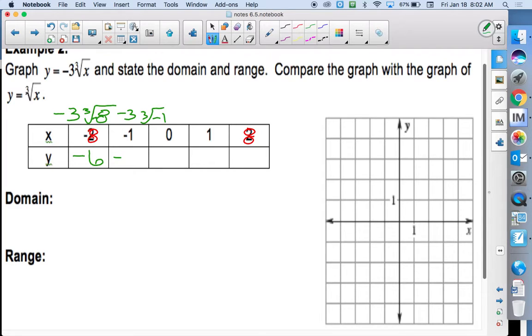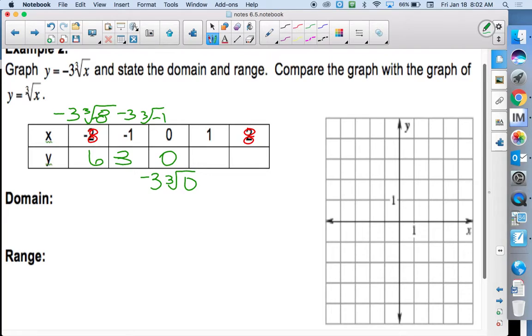Yeah. And did you say 6 here? So then we have -3 times the cube root of 0. Well, that's just 0.